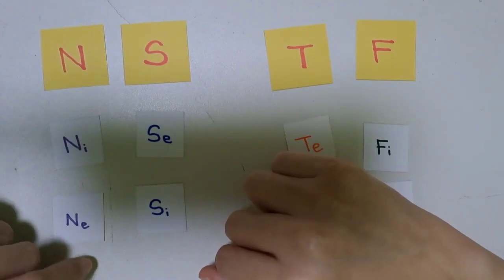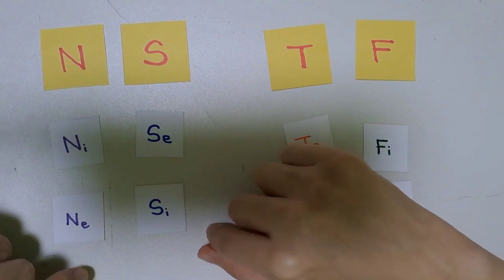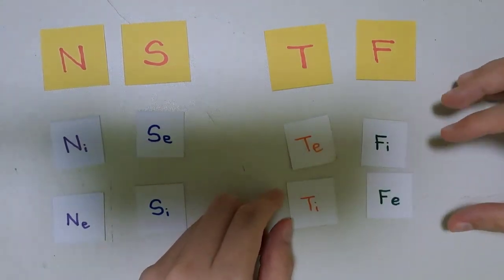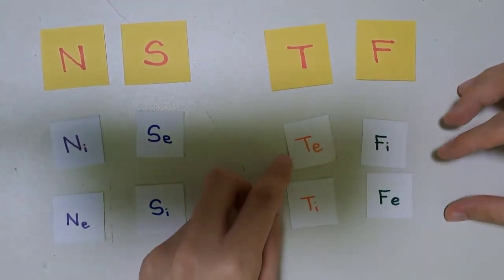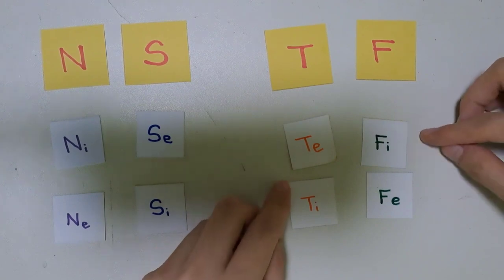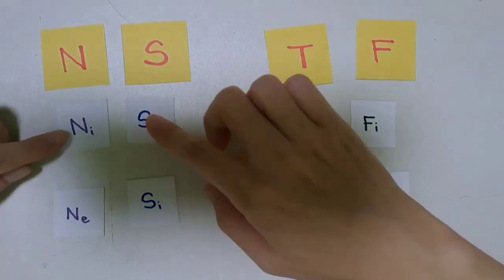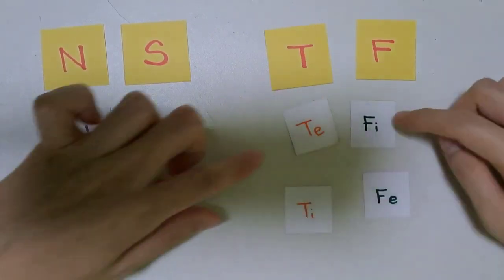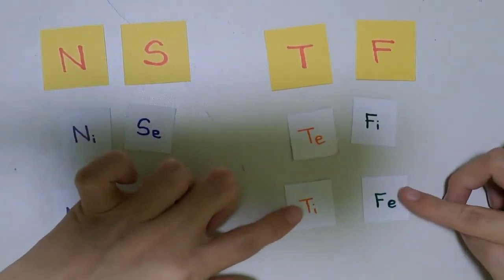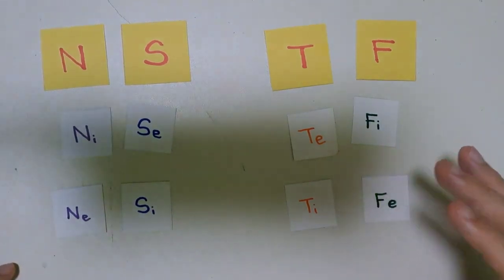And when your intuition is an extroverted function, you will have an introverted sensing function. Same goes with the thinking and feeling functions. When you have extroverted thinking, you will have introverted feeling. And when you have introverted thinking, you have extroverted feeling. So this is a pair, this is a pair, this is a pair, this is also a pair. This is what I call opposite pairing.